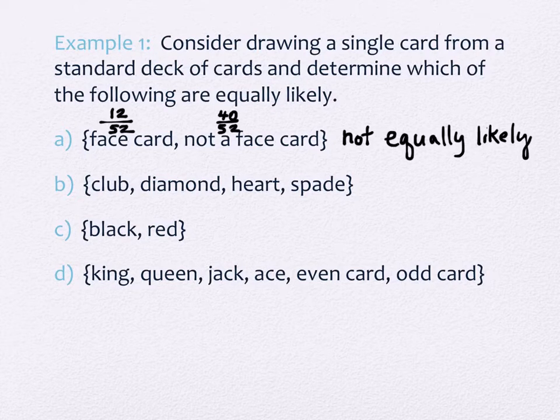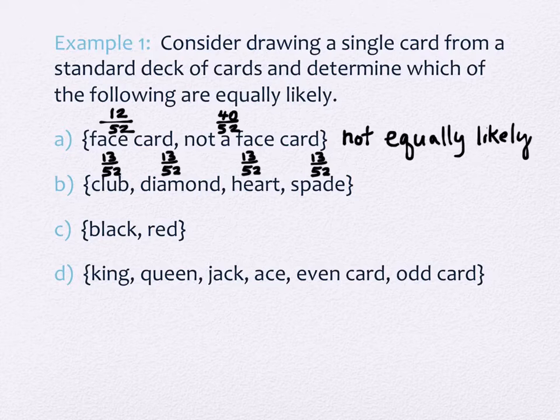Clubs. How many clubs are there? Out of 52. How many diamonds are there? Out of? Yes. And what's next? Hearts are there? Yes. And spades? All right. How about these? Are these equally likely?